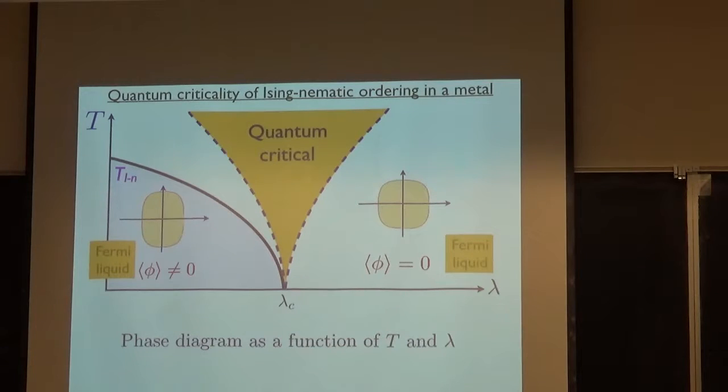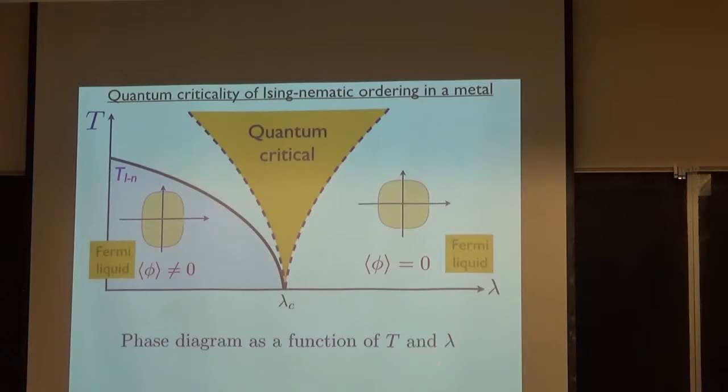And these are Fermi liquids, very conventional Fermi liquids because they just have a Fermi surface that's sitting there. And phi is a discrete symmetry, there's no Goldstone mode or anything. So phi fluctuations are completely regular, and these are just Fermi liquids.